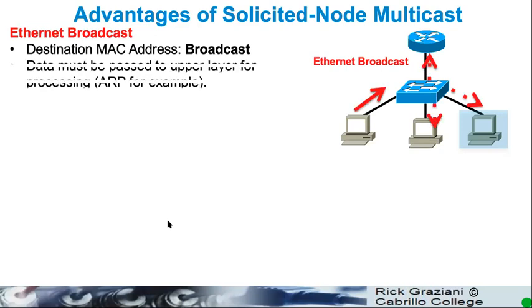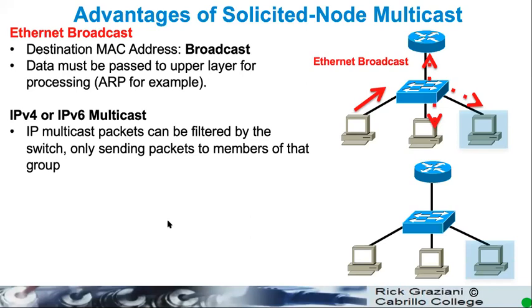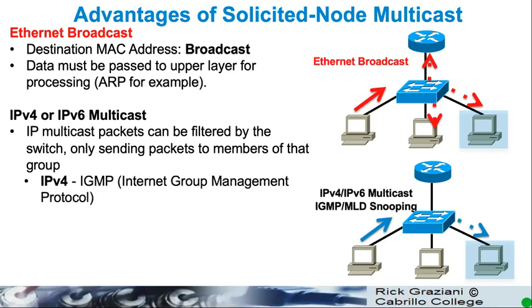Every NIC card has to process it, like an ARP request. In IPv6, we can use multicasts. So let's map the address we're looking for to a solicited node multicast address, so then we can map it to a multicast MAC address. And that way we can actually filter it at the NIC.